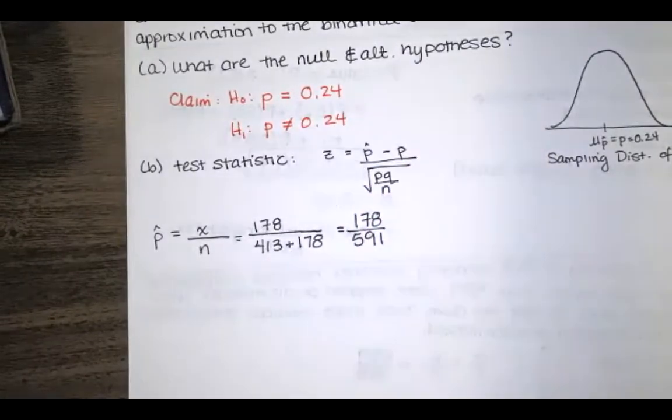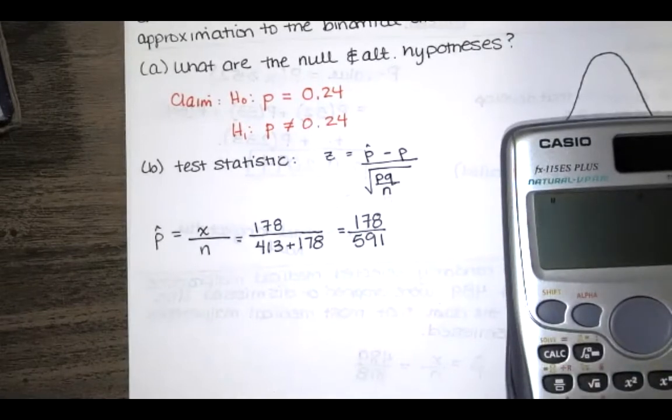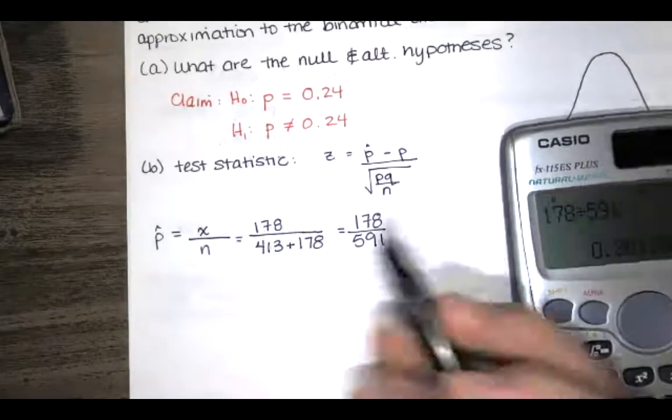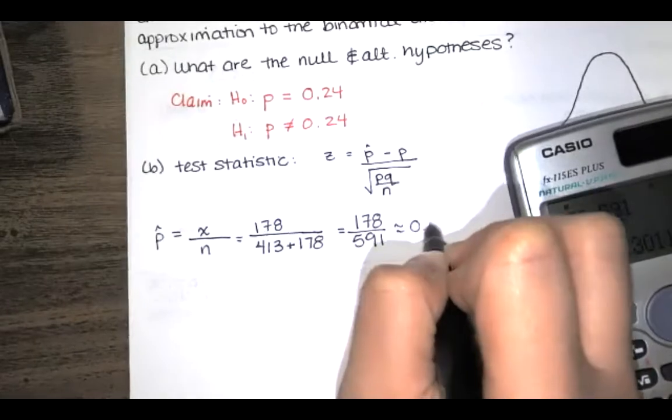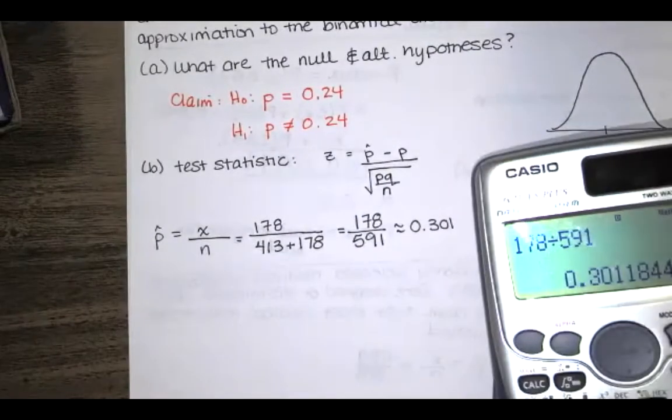And if I want to figure out what that is approximately, just so that I can compare it to that 0.24 in our null hypothesis, we've got this 178 divided by 591. That's approximately 0.30118.